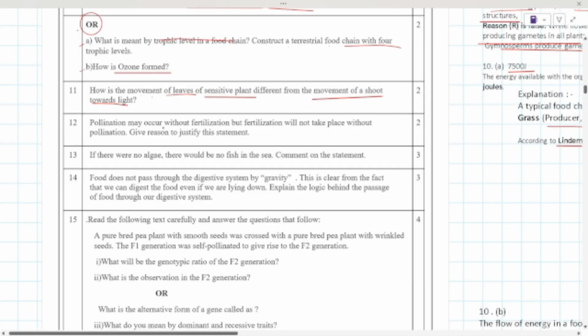Pollination may occur without fertilization, but fertilization will not take place without pollination. Justify this statement.